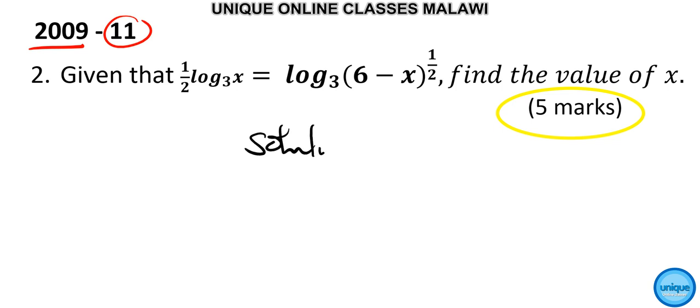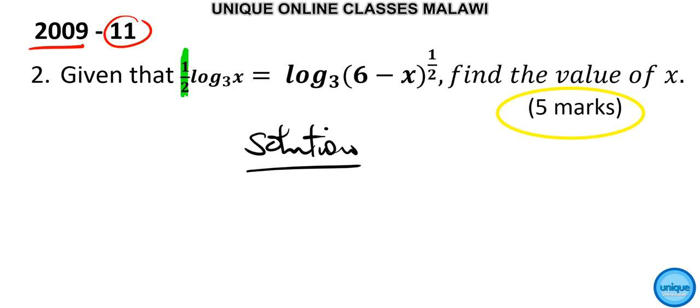solution: we're going to apply laws of logarithm. So as you can see, this half in front of this log, meaning you can carry it as a power of that x.